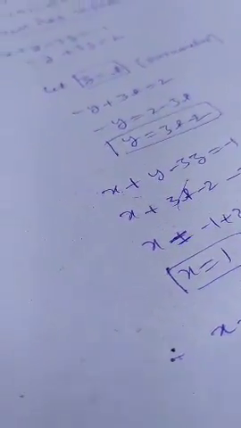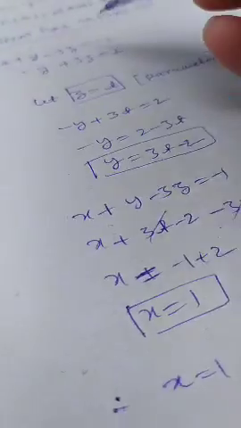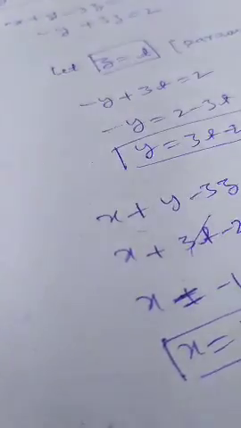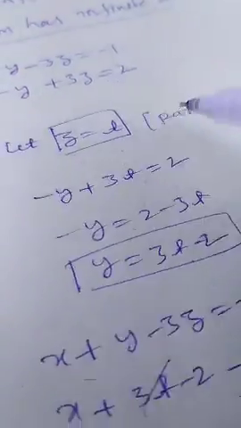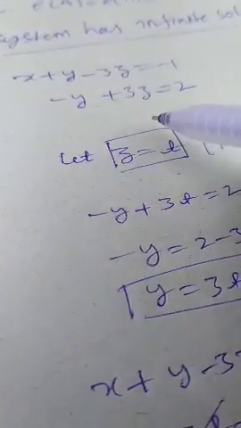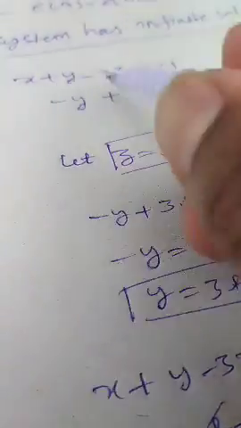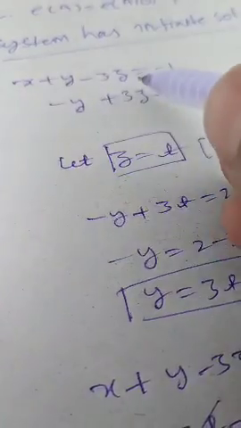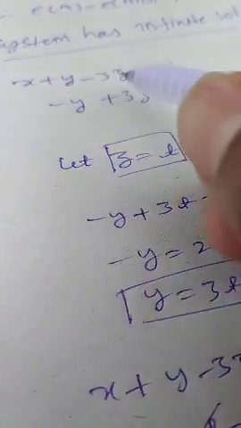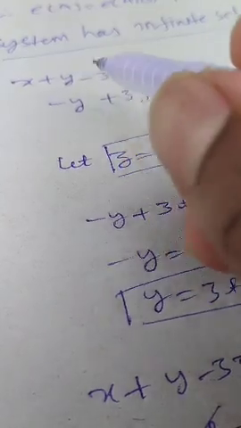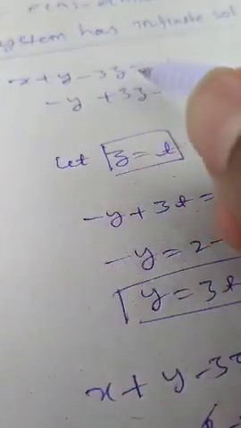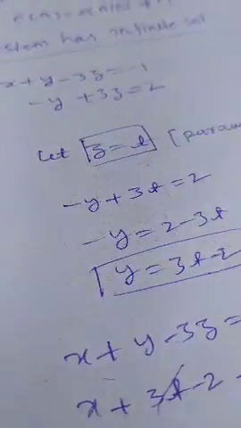Okay, so when the system has infinite solutions, do it in this way. Choose any one variable as t if two equations and three unknowns are available. If only one equation is available with three unknowns, at that time choose two variables as parameters, y as t1, z as t2, then you will get the x value.